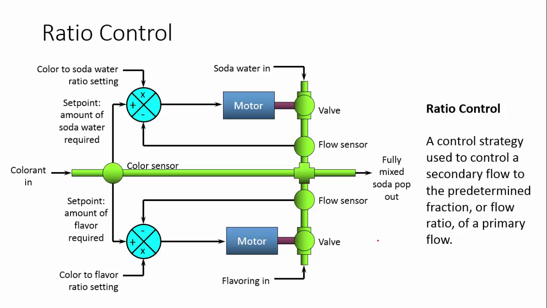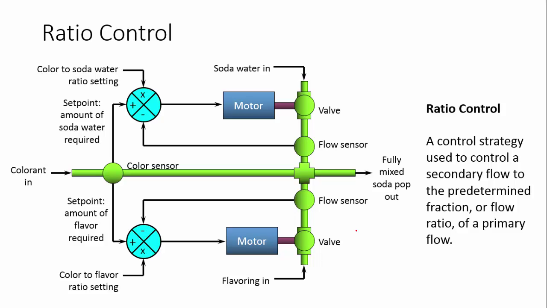This unit also talks about ratio control. Ratio control is a strategy used to control a secondary flow to a predetermined fraction or flow ratio of a primary flow. Your textbook has several examples of processes that use ratio, and they're fairly good.